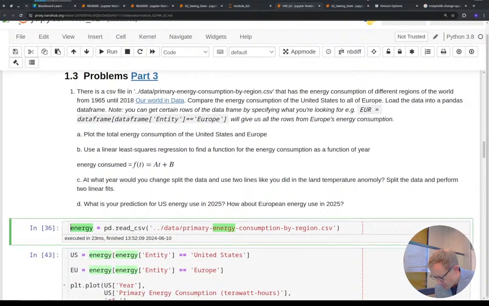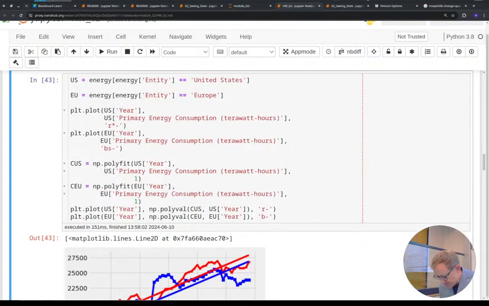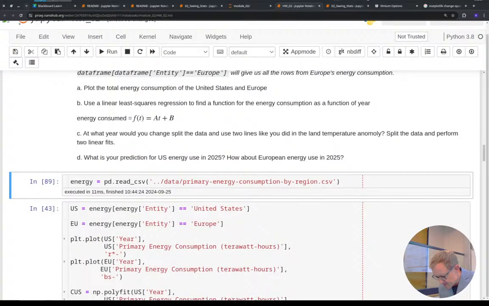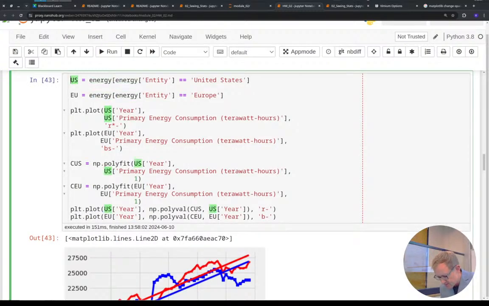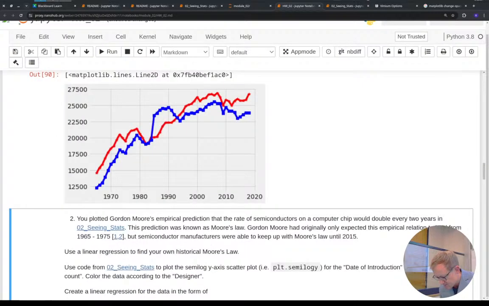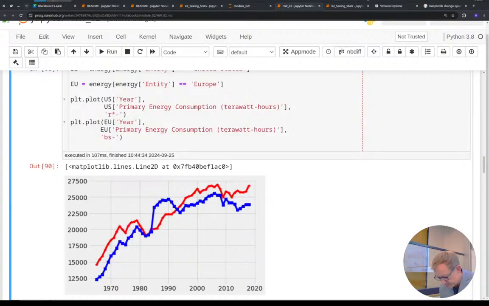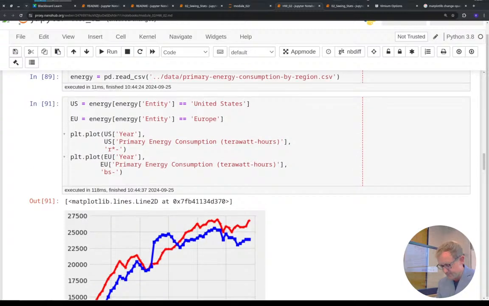All right, cool. So we're loading up some energy use. I had European use and United States.